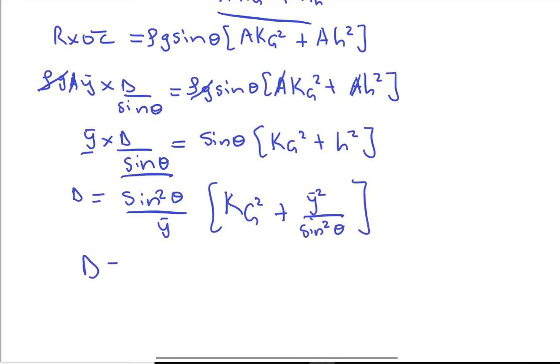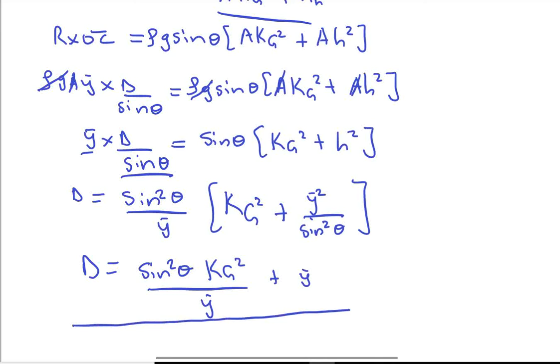So if I remove the brackets, what I'm going to be left with is sine squared theta K G squared over y bar, plus y bar. Now this is the depth of pressure. This is the equation for finding the depth of pressure for a plane surface immersed in a fluid.